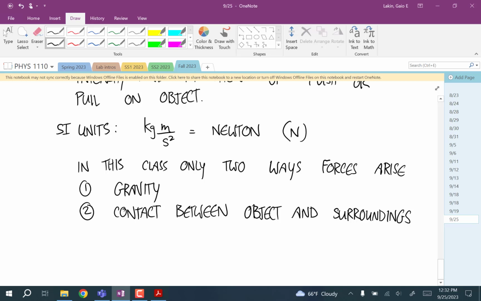If you're talking totally generally, we're not going to talk about this in this class, but there are some other types of forces that would fall into this same category as gravity. Those would be like magnetic field forces, electric field forces, anything that doesn't directly have to do with contact between objects. But in this class, we'll just represent that as gravity.